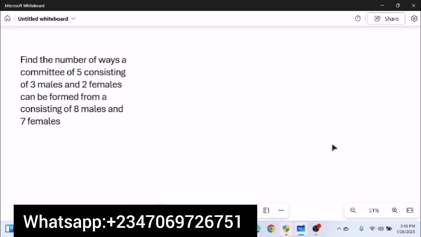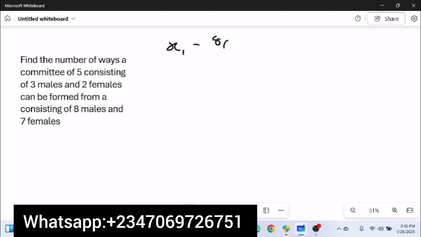So first, we find the number of ways of selecting 3 males from 8 males. Let's call that x1. So let x1 be the number of ways of selecting 3 males from 8 males.